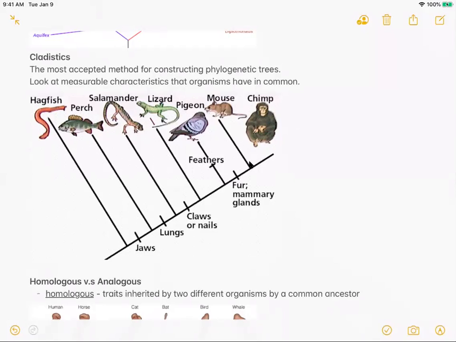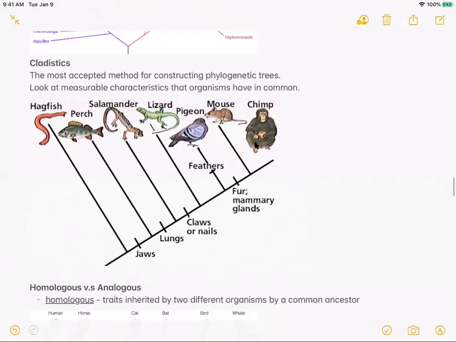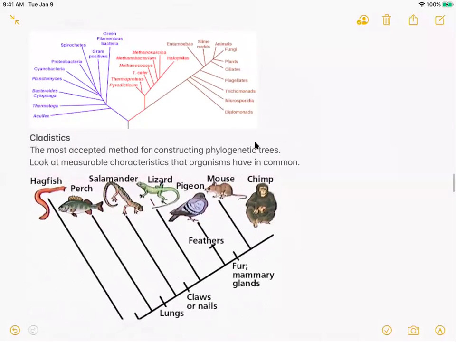I don't think it's necessarily how far. Phylogenies and cladograms are used so that we can break it down and try to find that common ancestor, if that makes sense.